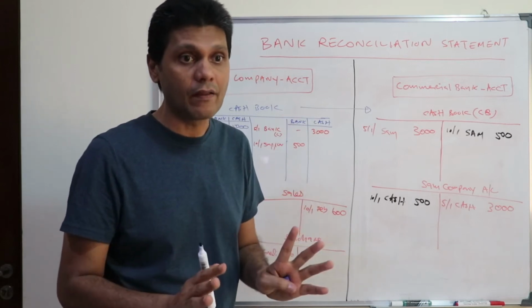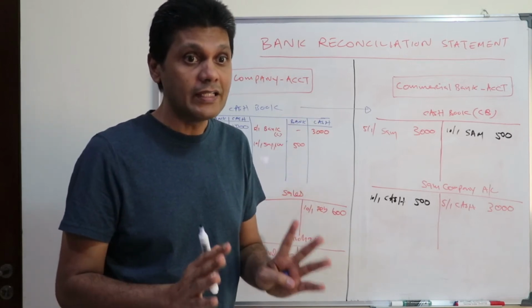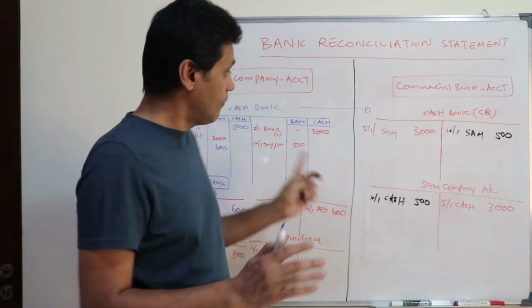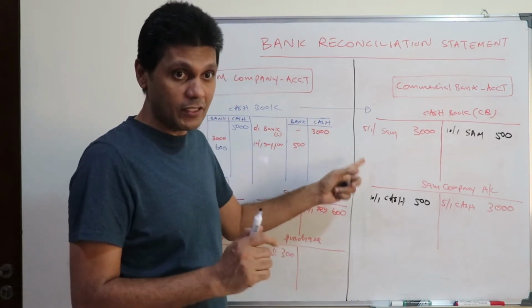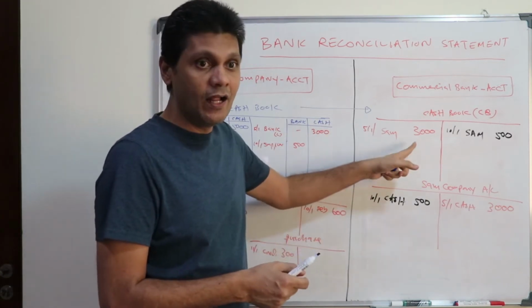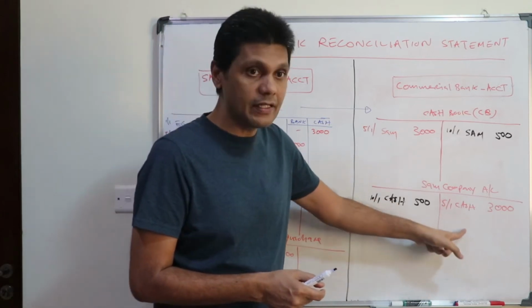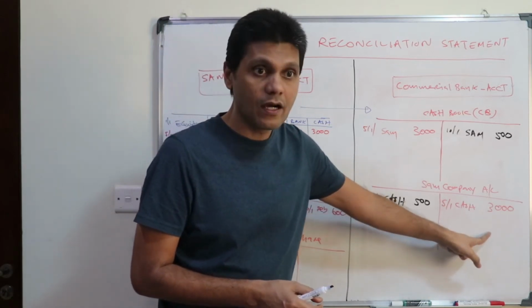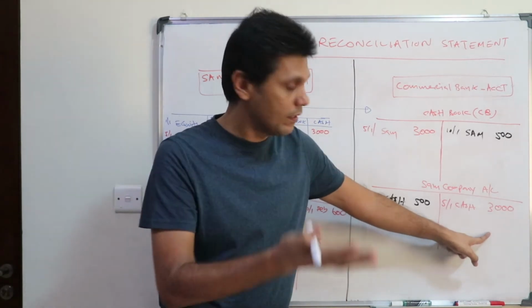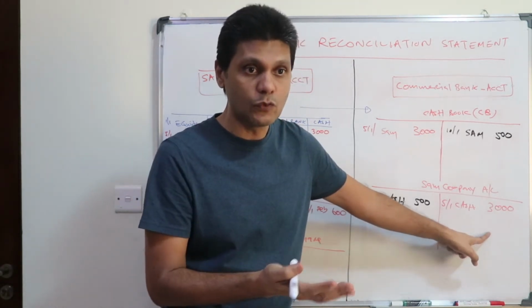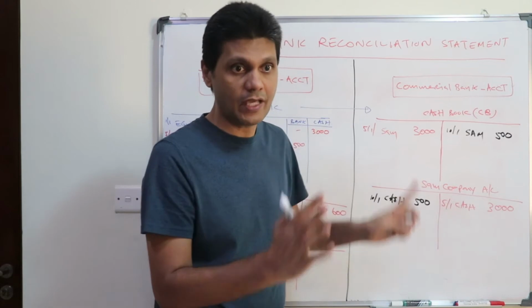He will not do that because it's a check. If it is cash, what will he do? Immediately he will debit the cash and credit the Sam company account, and increase the liability towards Sam company if he receives cash.